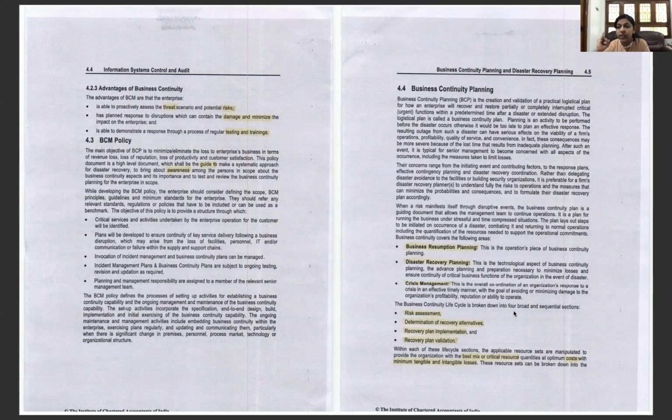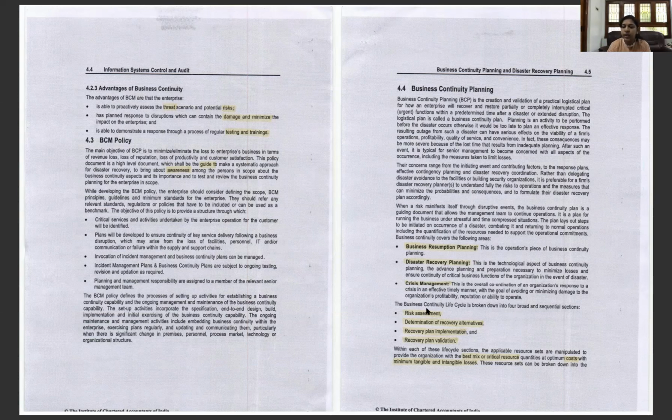Everything begins with assessing risk or threat or vulnerability. Next, we are assessing the risk now. What do we do next? Determination of recovery alternatives. Okay, recovery alternatives, we have found them out. Then we have to implement them. What comes after implementation? Validation through testing and training and other processes.